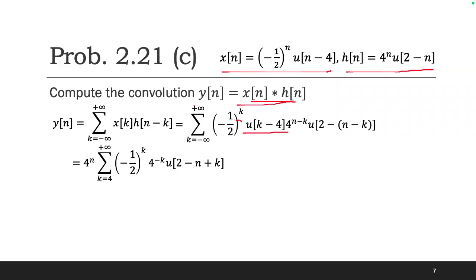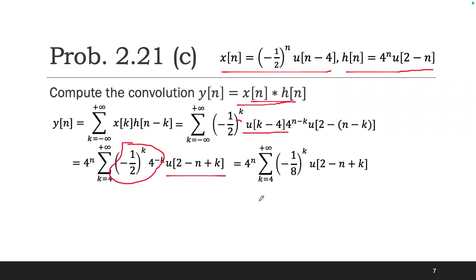Yeah, the other boundary. For this one, what equation can we use here? Yeah, 2 minus n plus k greater or equal than 0, and then we can find the k bound.